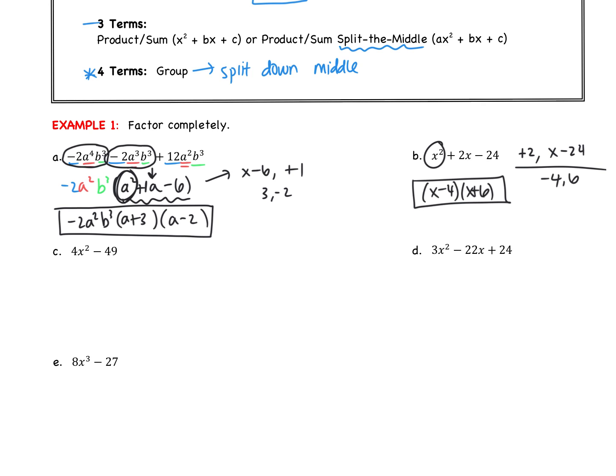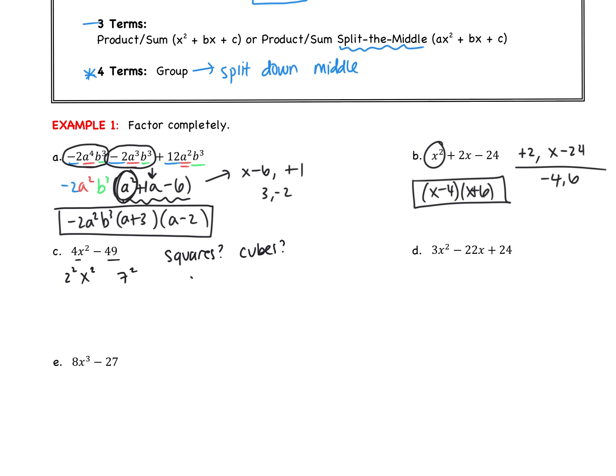Questions so far? Okay. Anytime you have 2 terms, like you do in C, you have to ask yourself, are these 2 terms squares or are they cubes? Well, 4 is 2 squared, x squared is obviously x squared, and 49 is 7 squared.